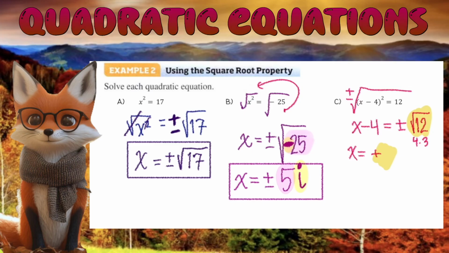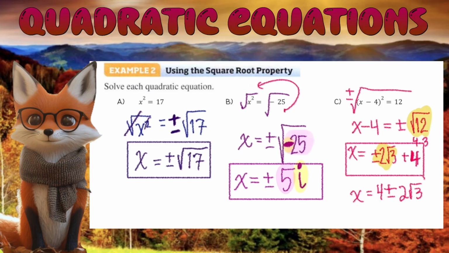So plus minus 2 root 3, but I'm going to add that 4 to the other side. And that right there is the end of that example. You could write it like that, or like this. They're the same answer. All right, so that's the end of this.